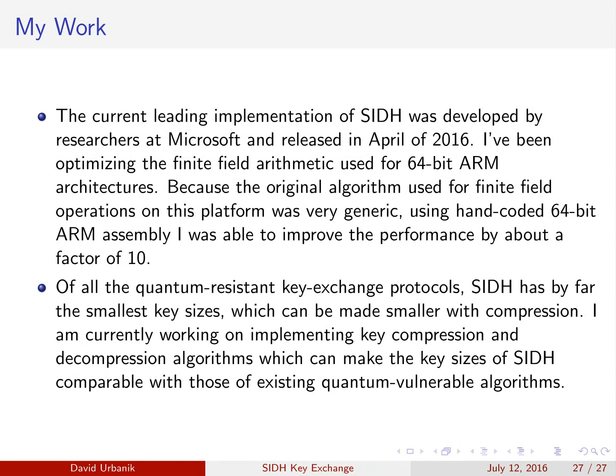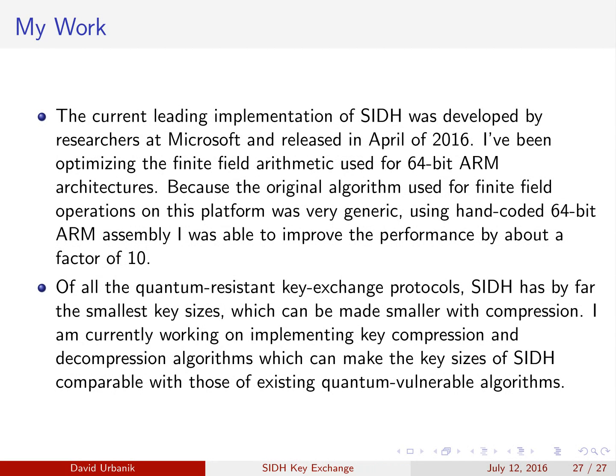But basically, there was an implementation of this protocol developed by Microsoft, which is the leading implementation. And all this computation is done over relatively large finite fields, with numbers of around 768 bits in size.